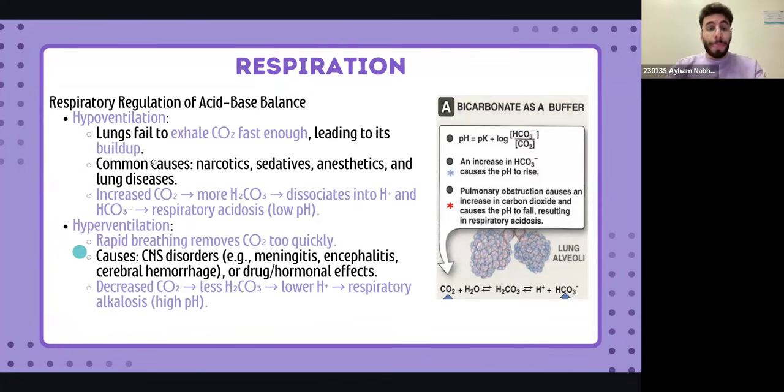In hypoventilation, the lungs fail to exhale carbon dioxide fast enough. That would lead to an accumulation and a buildup of carbon dioxide inside our blood. This accumulation of carbon dioxide would lead to more conversion into carbonic acid, as we said earlier. This carbonic acid would dissociate into hydrogen and bicarbonate.